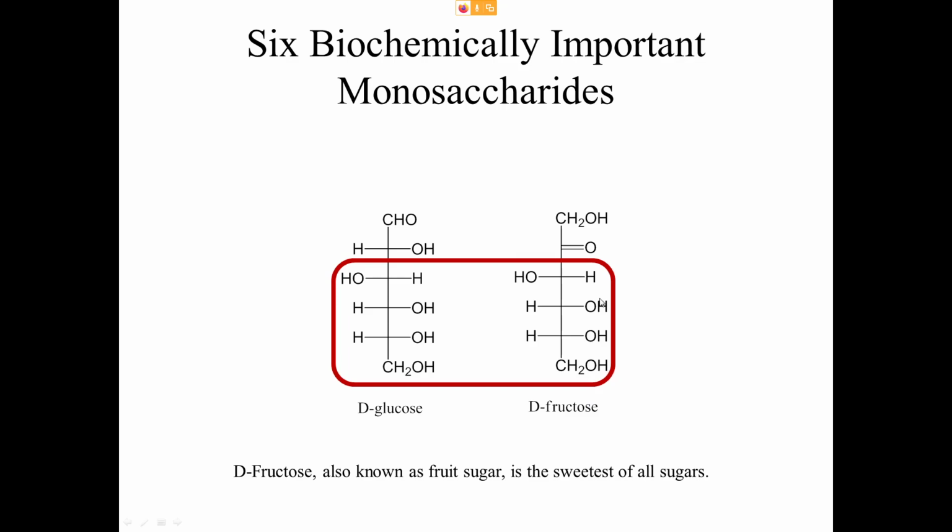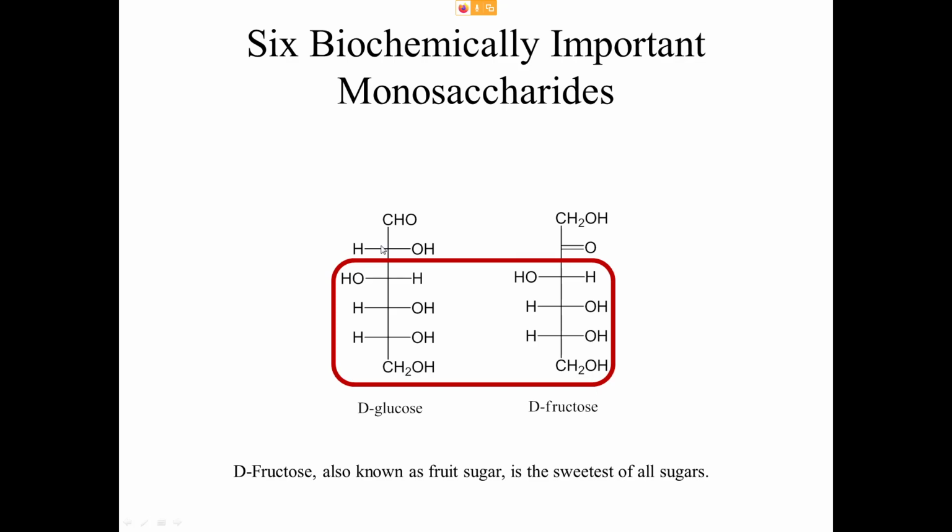It's simply an alteration of glucose. That's the way to learn it. If you try to memorize it as a separate sugar, you're taking the long way. So just memorize it as I just moved the double bond to number 2 from glucose and I have fructose. And fructose here is the sweetest of all the sugars, known as fruit sugar. We have a receptor for fructose that we perceive as sweetest of all the sugars.